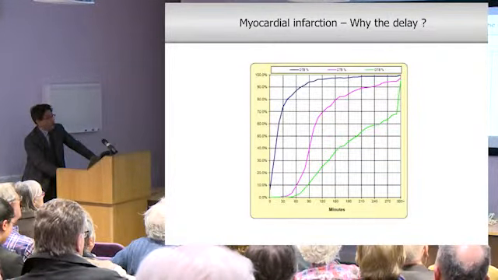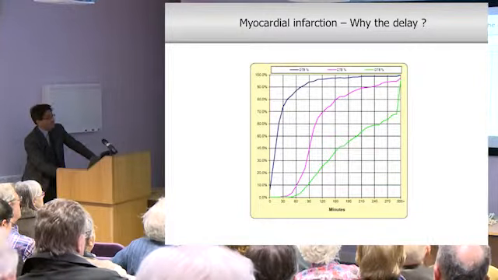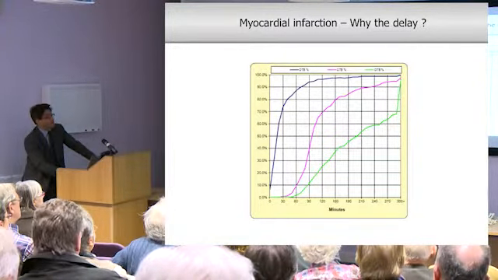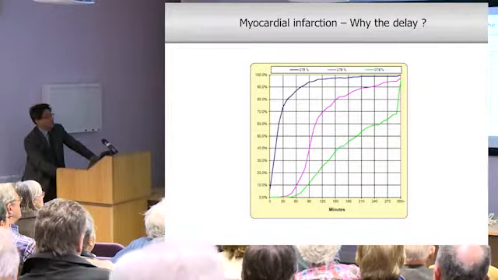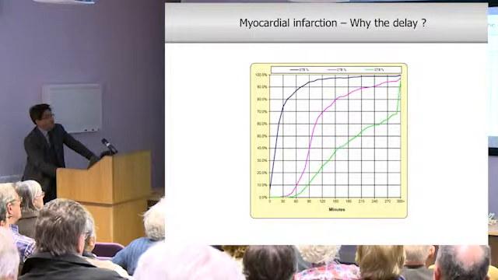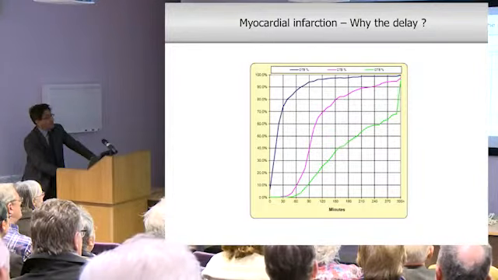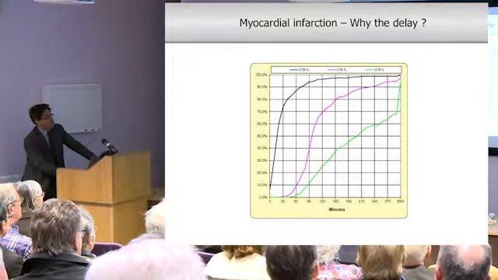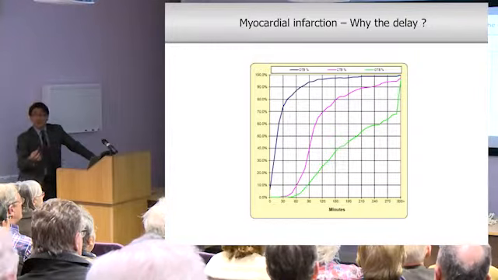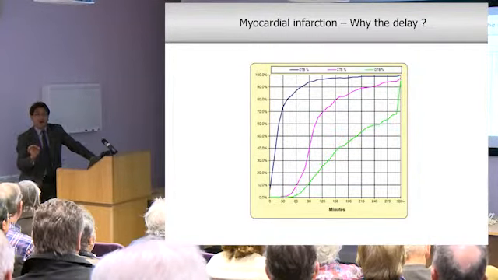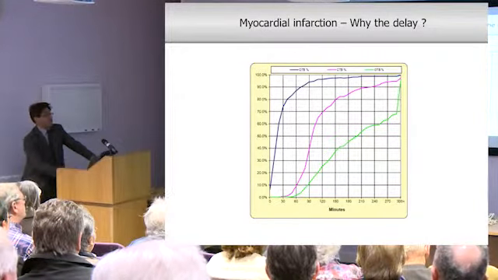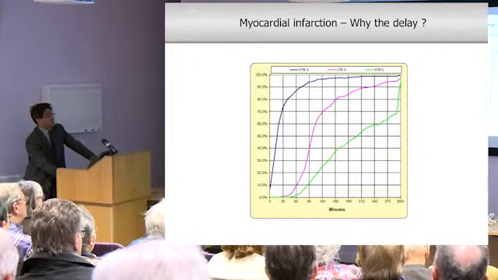So the green line is the relationship between the onset of symptoms and the delivery of treatment. And you can see that about half the patients have received the treatment within 3 hours of the onset of pain. So I might say only half the patients have received their treatment within that critical time.